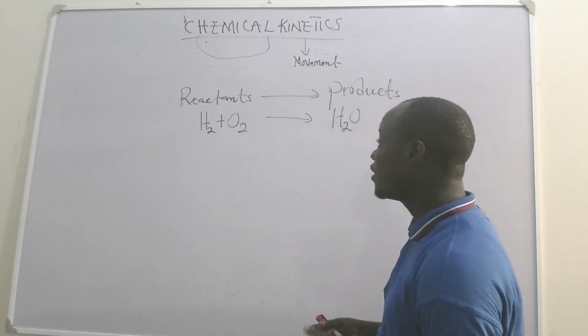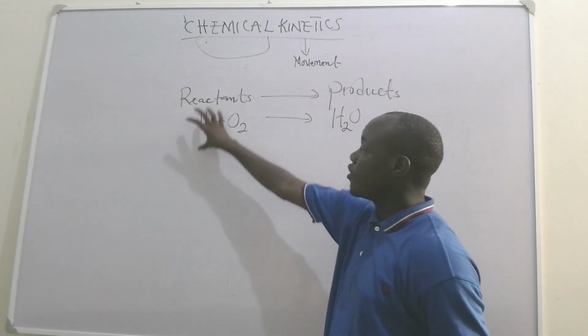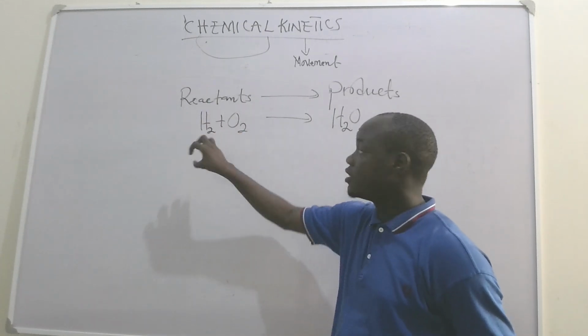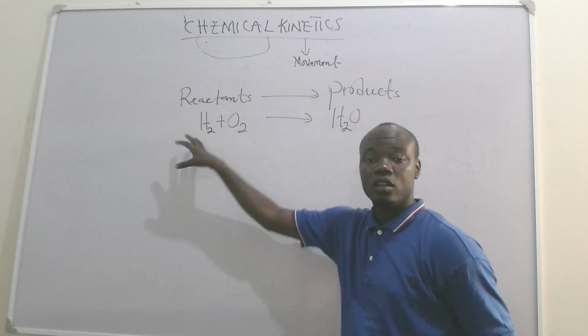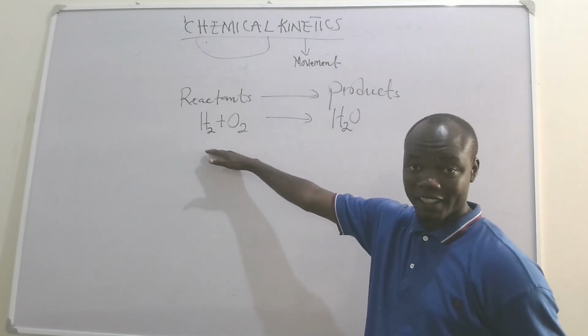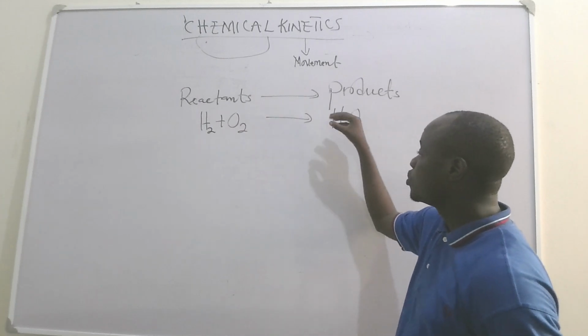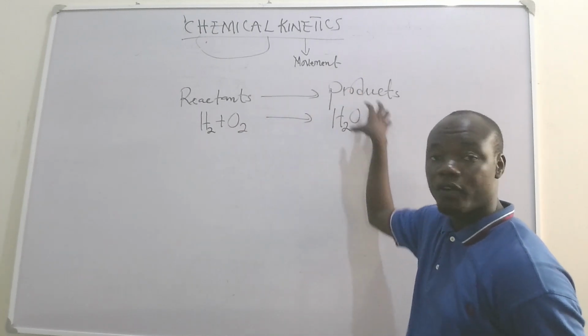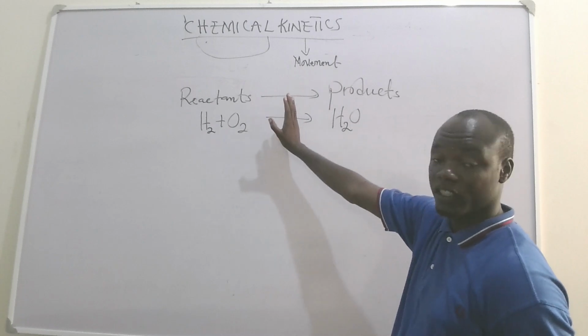In a chemical reaction, the reacting particles or the ingredients used for the formation of the products are called reactants. And what you produce at the end of the reaction is called products.